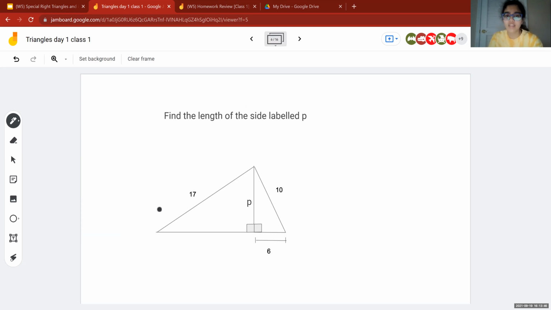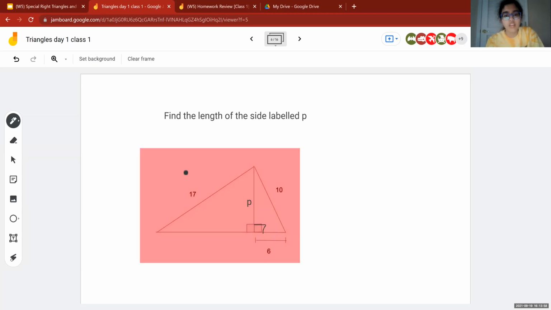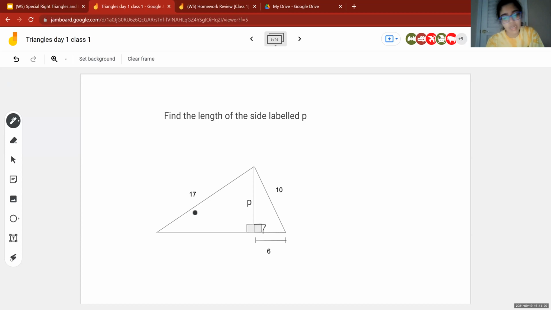Okay, so find the length of the side labeled P. P is over here, and remember, these are 90-degree angles. This requires you to use the Pythagorean theorem.